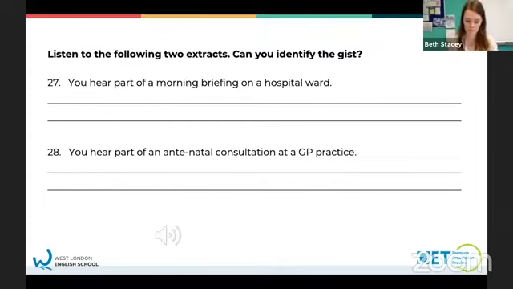Question 28. You hear part of an antenatal consultation at a GP practice. Now read the question. Mrs. Summer, how can I help today? Well, I just wanted to check something. Okay. So you're having a home birth? Yeah, though everyone's on at me about going into hospital.